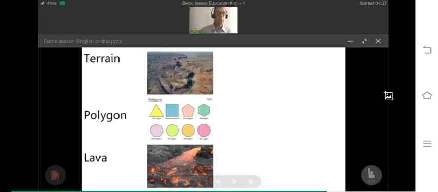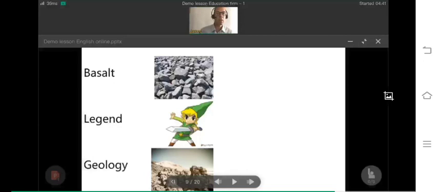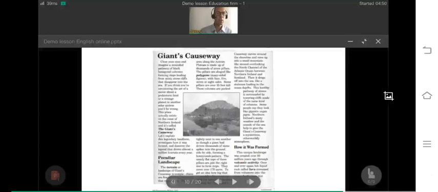Taking a step back from the lesson, I would go through the words for the main text. They would be terrain, polygon, lava, basalt, legend, geology. These would be taught as vocabulary words for the following text: Giant's Causeway. I chose this text, it's an expository text, because it has two parts.